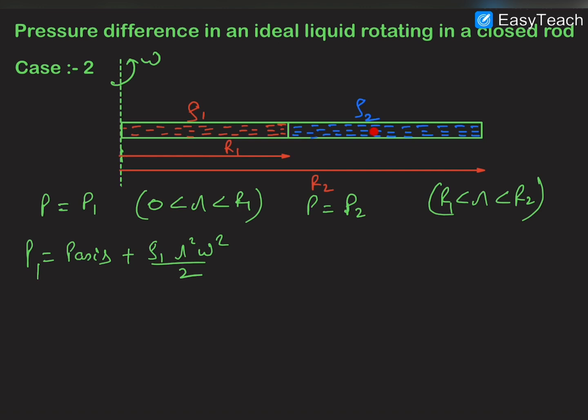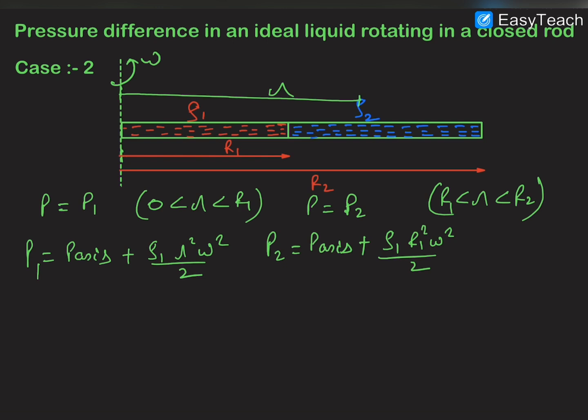Now obviously in this region the pressure would be P axis plus the complete pressure of this liquid plus the pressure of this partial liquid. So I hope you are getting my point, that if this distance is r, then P2 will be equal to P axis plus the complete pressure of this liquid, which would be rho 1 into R1 square omega square by 2.